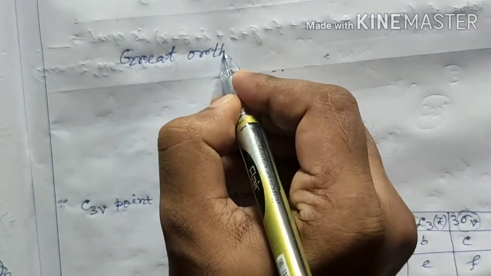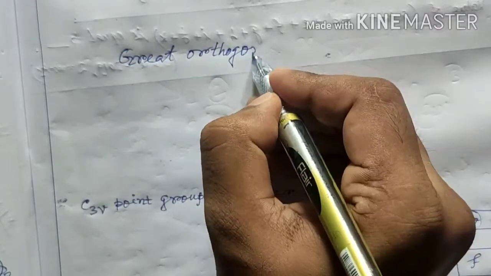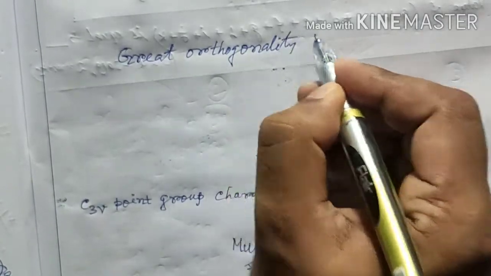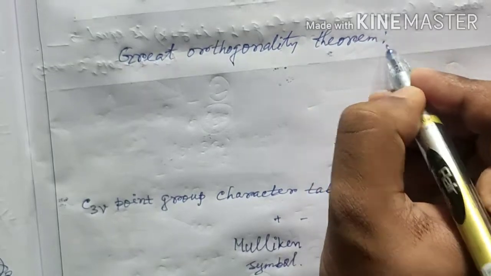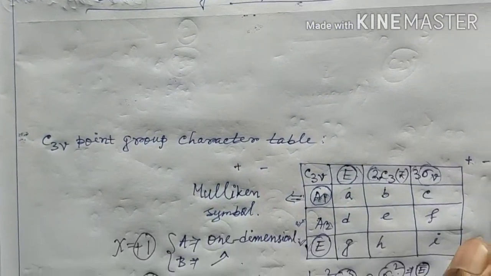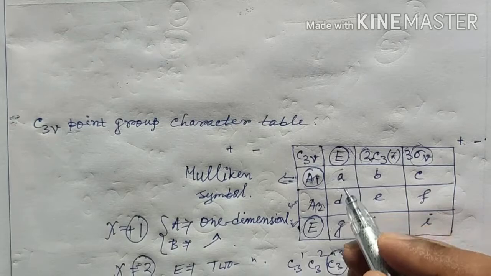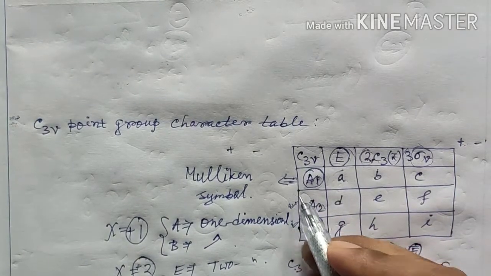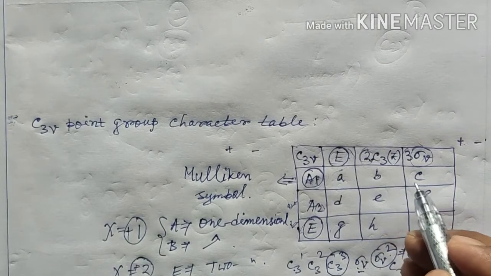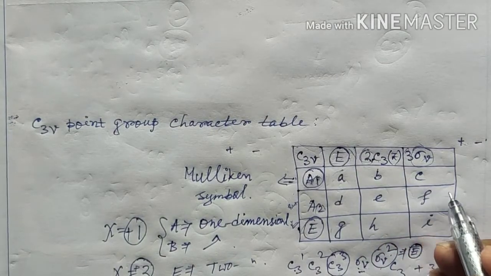Great orthogonality theorem. This theorem tells that if you sum up the characters of two different irreducible representations, then the summation will be equal to 0.